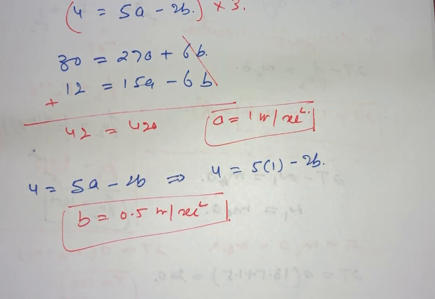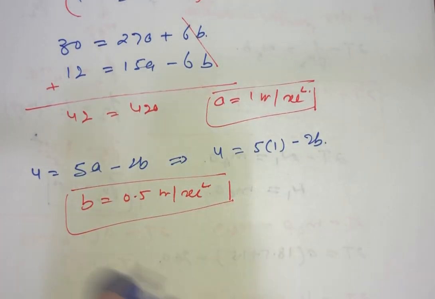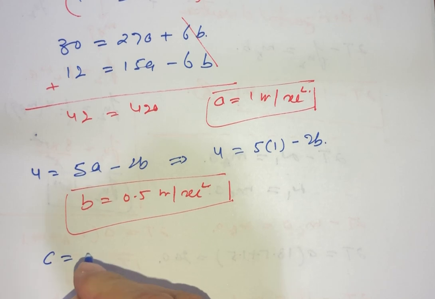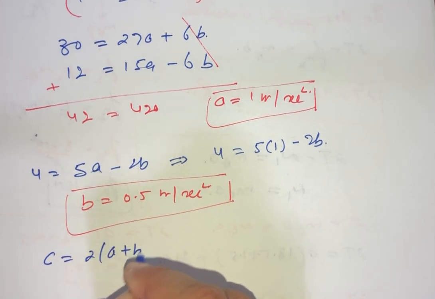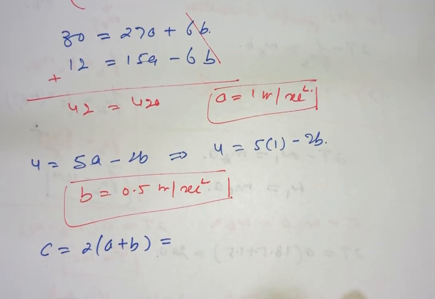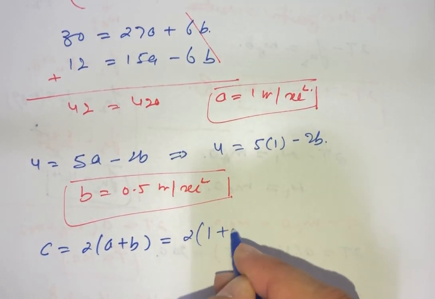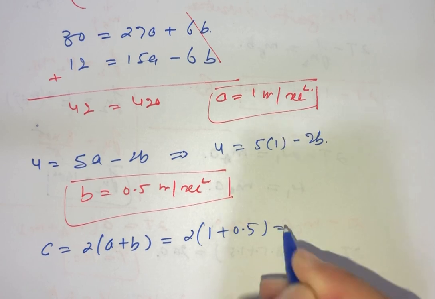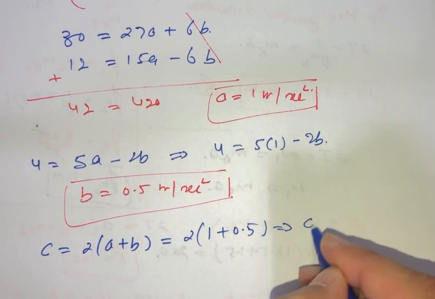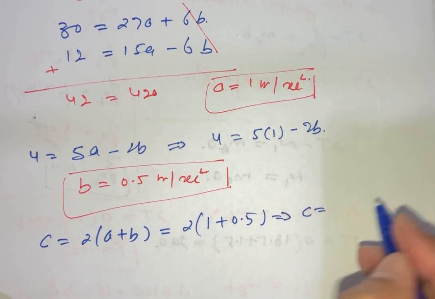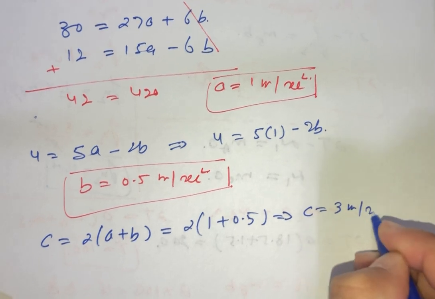We already know a relationship between a, b and c. c is twice of (a plus b), and the value of a is 1, so this will be 2 times (1 plus 0.5), so this will be coming as c is equal to 3 meter per second square.